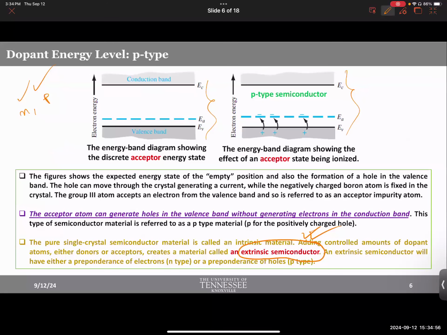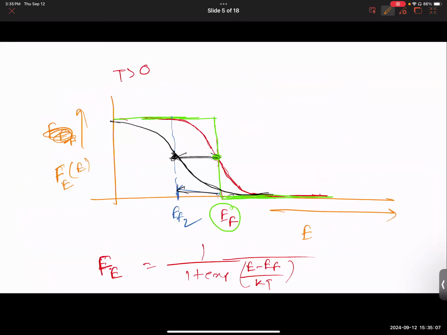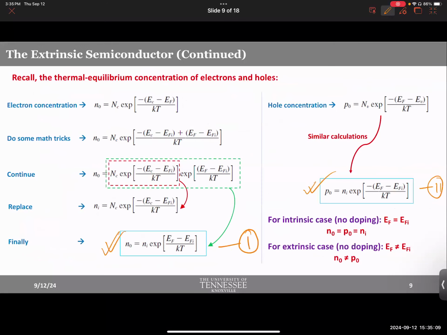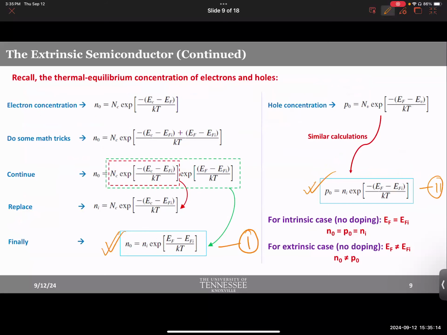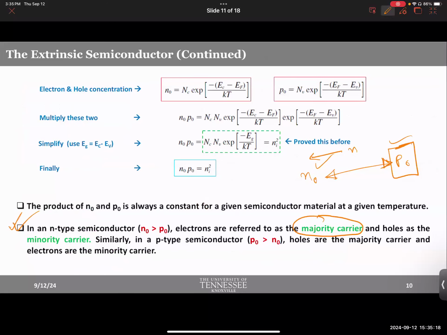Let me just go back here. That creates electrons and holes simultaneously. So any material will have holes and electrons because of thermal processes. Yes, some will have additional electrons or additional holes, but the properties of the material will be mostly governed by the majority carrier.